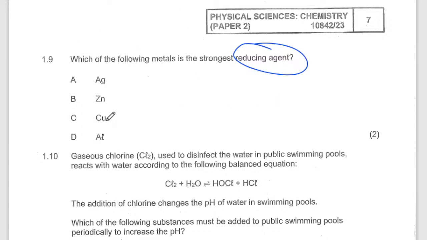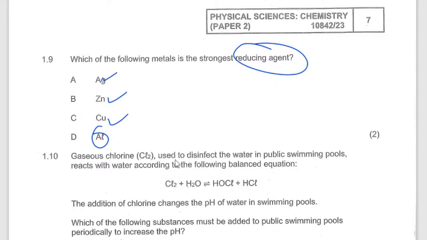When you go to the reactivity series, you'll find out that aluminium is above all of them, meaning that aluminium is going to be the answer in this regard. It can reduce silver, zinc, copper. So it means that aluminium is a strong reducing agent, for it is oxidized. Then we go to the next question.